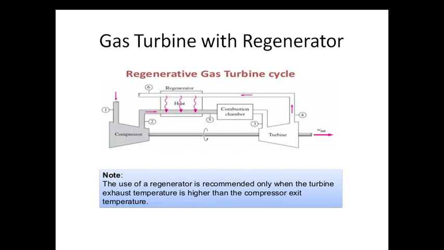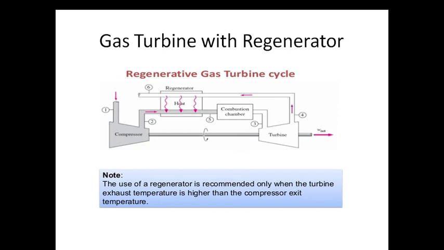The reheating is done in a counterflow type heat exchanger called a regenerator. So here the reheating of the compressed air takes place, and that's why we name it a regenerator. With a regenerator there is no change in the compressor work, turbine work, and hence net work.